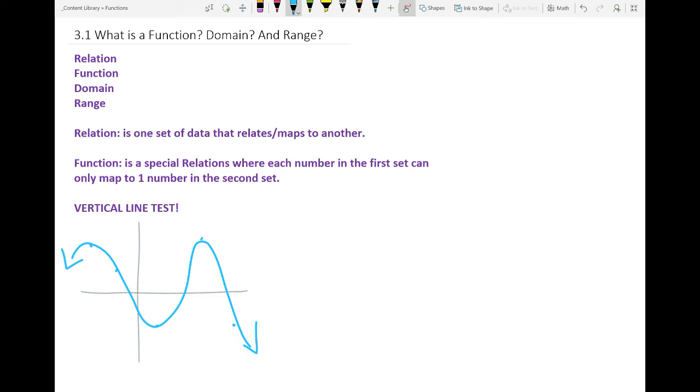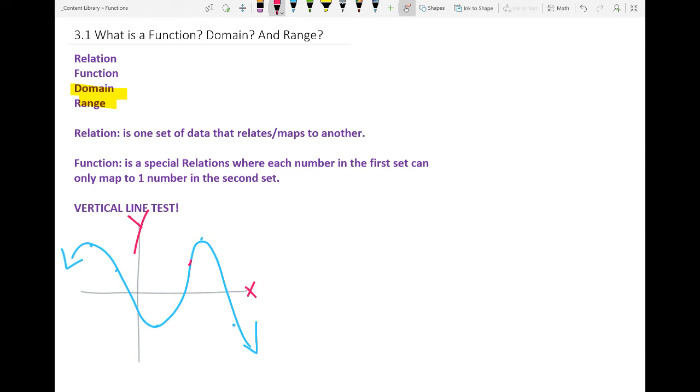The first set, which is actually called the domain, one of your vocabulary words, and I'll talk more about that in just a second, those are your x values down here. And your y values, which is your range, are these values here. So the x are my first set, and I want to make sure that for every point I only go to one separate point.